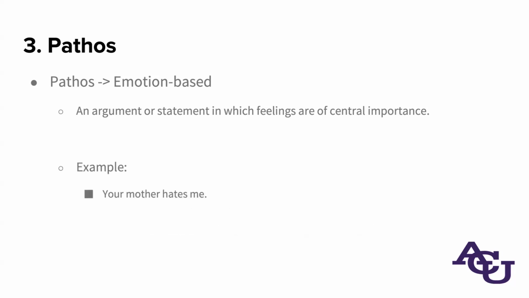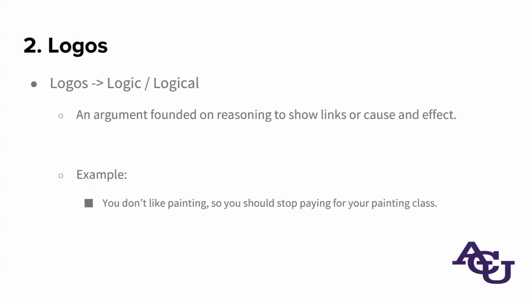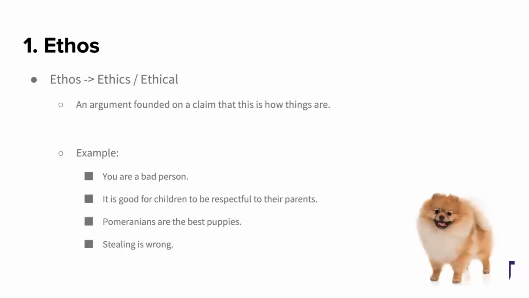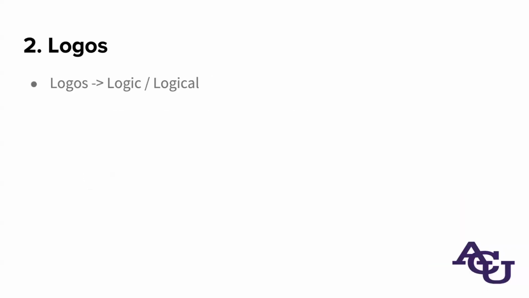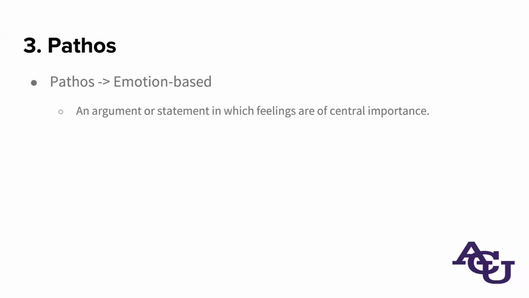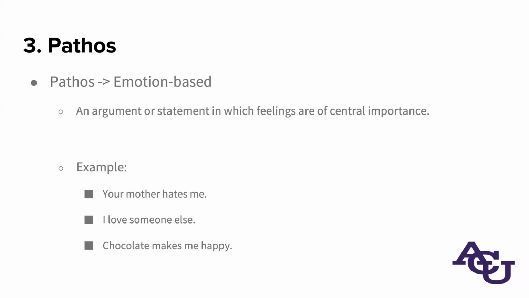So, for example, if I say your mother hates me, it's a little bit of an ethos statement, declaring this is how things are. But even stronger than that is that emotion. Your mother hates me, or I love someone else. This is something that is hard to counter because emotions often override other things.